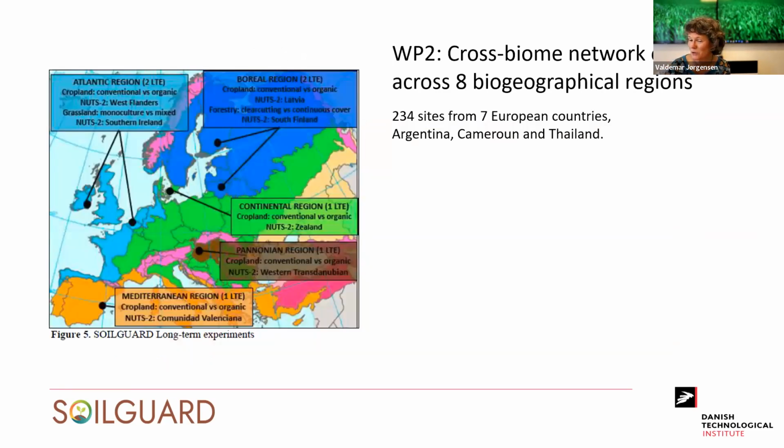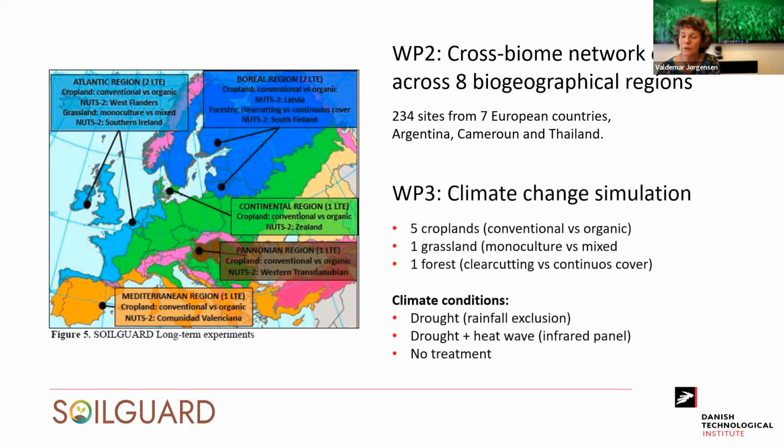And coming down to earth now, what is actually going on? In work package 2, we have been sampling soil from 234 sites in 10 countries. The overview here, I think we'll go to work package 3.